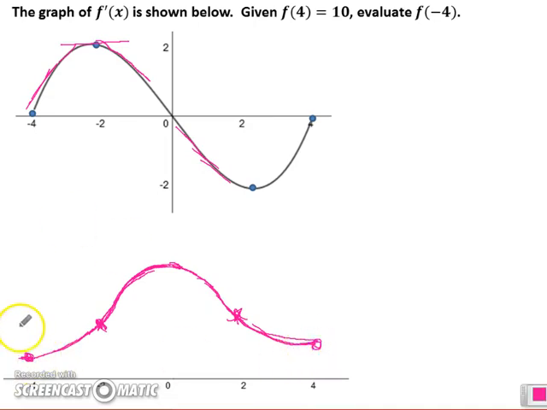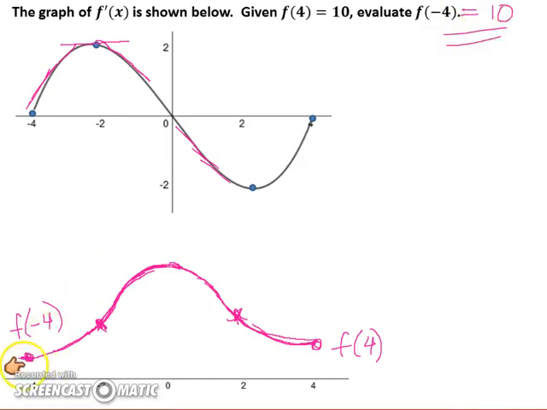F of -4 is going to be the exact same thing as f of +4. So they both equal 10. And that's just because of the symmetry of this graph and knowing that the general shape made it look like this. These are going to be identical. Short and sweet. Let's move on to the next one.